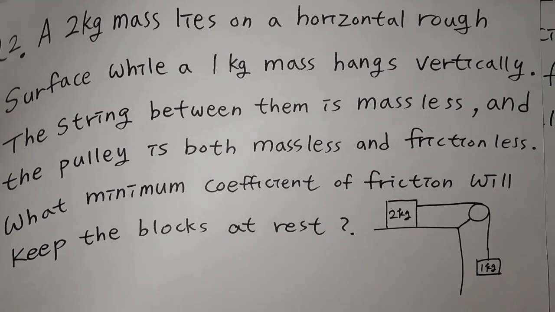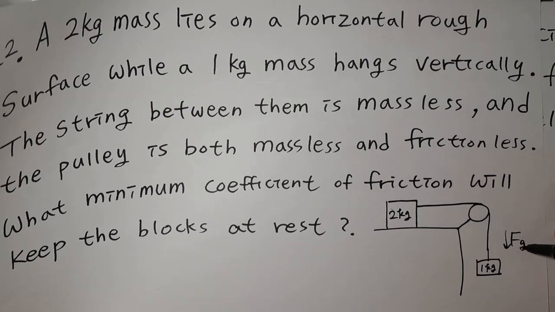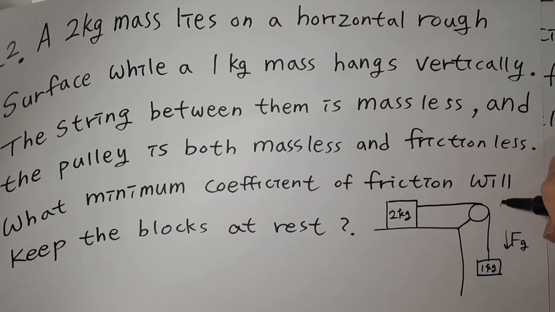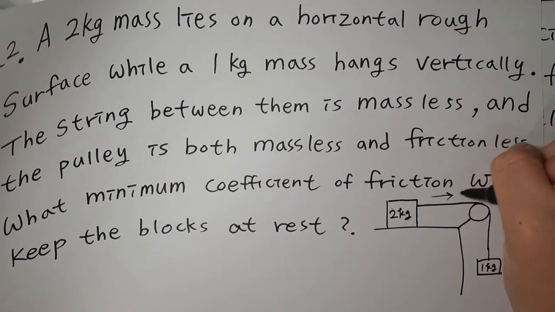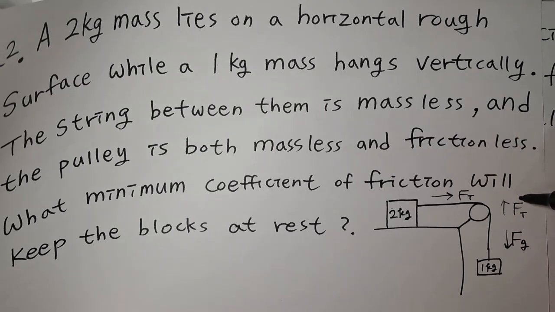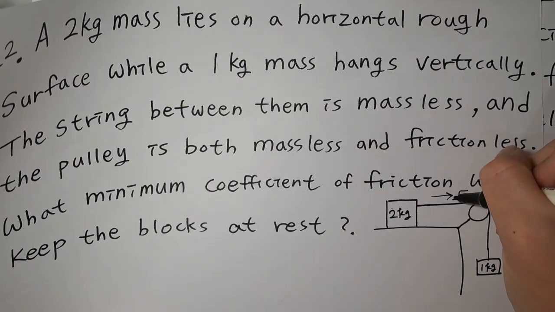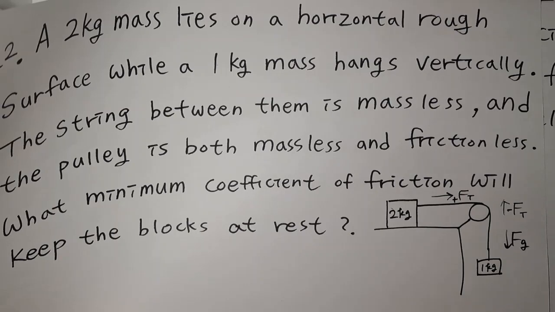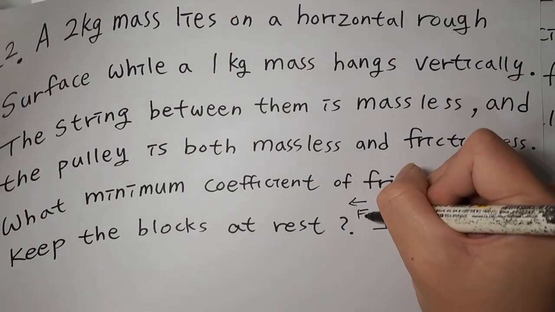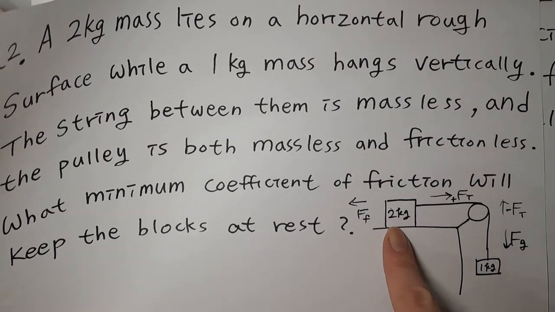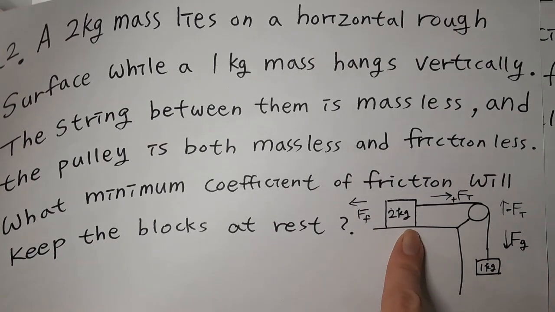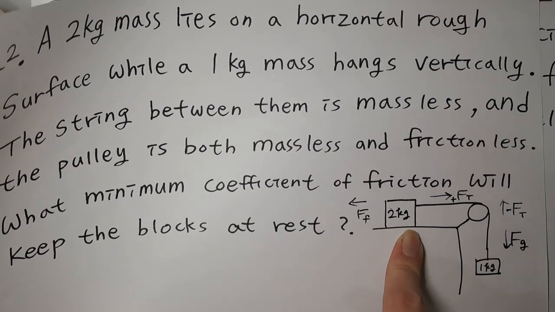So we can find the forces, and this is going to be the force of gravity. And this is going to be tension force, and this is going to be tension force also, but this has the opposite direction, this plus and this minus. And there is going to be force of friction. This object is lying on the surface, and this means friction is strong enough to keep the system at rest.